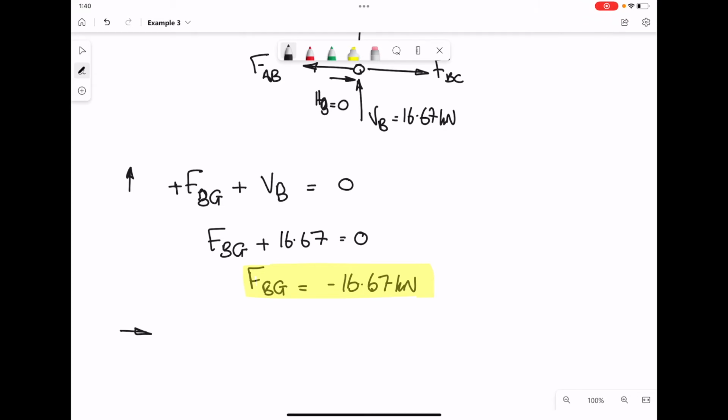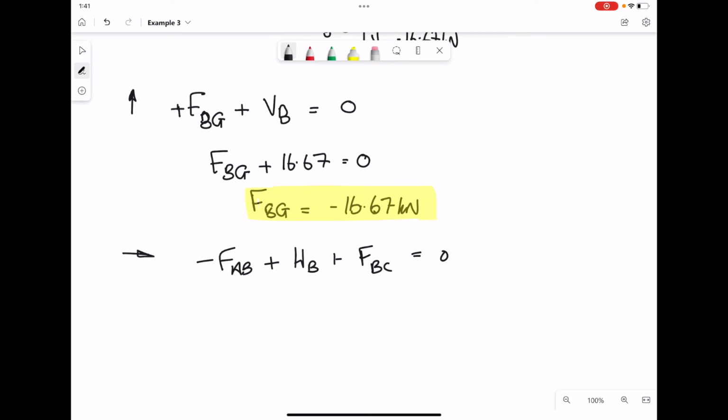Similarly, doing the horizontal resolve, we have minus force AB acting backwards to the left, plus HB plus force BC. For equilibrium, they must add up to give you 0. HB we know to be a value of 0. Force AB, we have already worked out to be a negative 24, so careful about the two negative signs, making it positive.